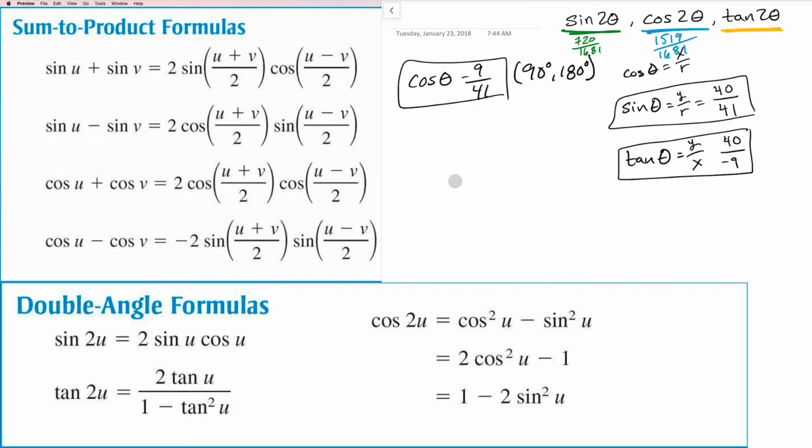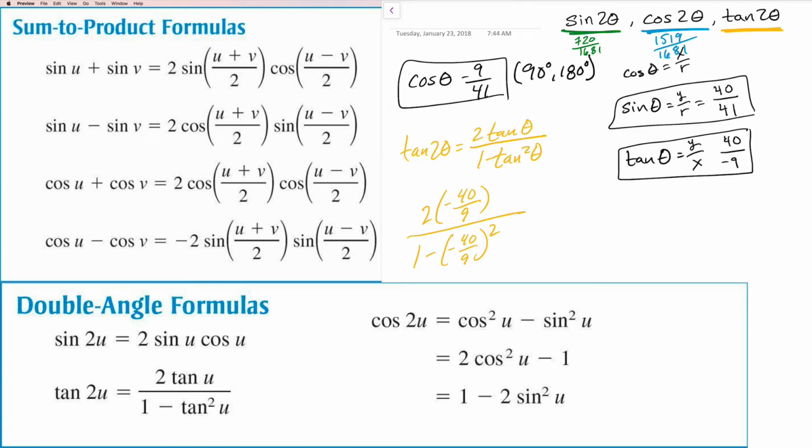And now let's go to tangent. We're going to do that in gold color. So tangent 2 theta, and the formula for that would be 2 times tangent theta divided by 1 minus tangent squared theta. So we have our value for tangent, so let's put that in. 2 times negative 40 over 9 over 1 minus negative 40 over 9 squared.